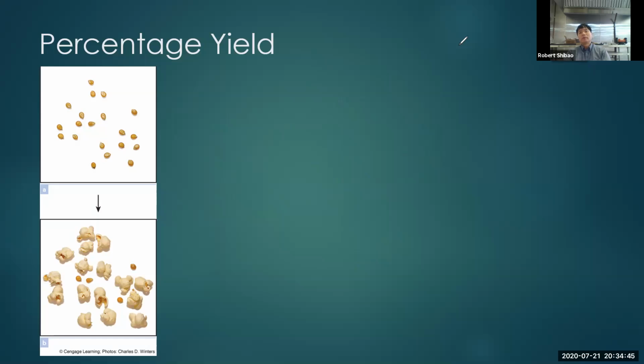So let's say we burned a pound of methane. And so we'll do another example here. Let's say we burned 1 pound of methane, and we collected 2.68 pounds of CO2.